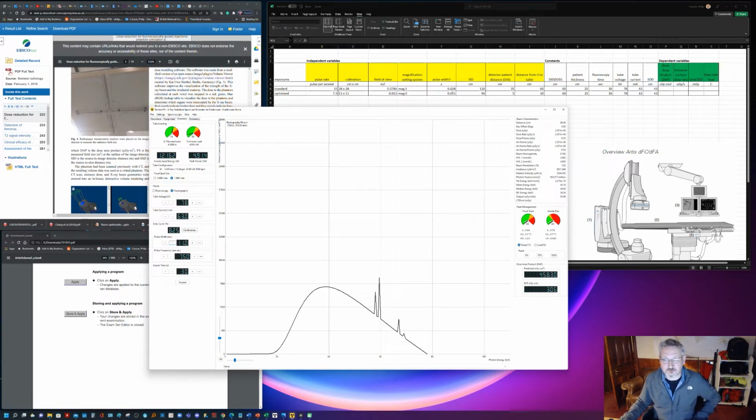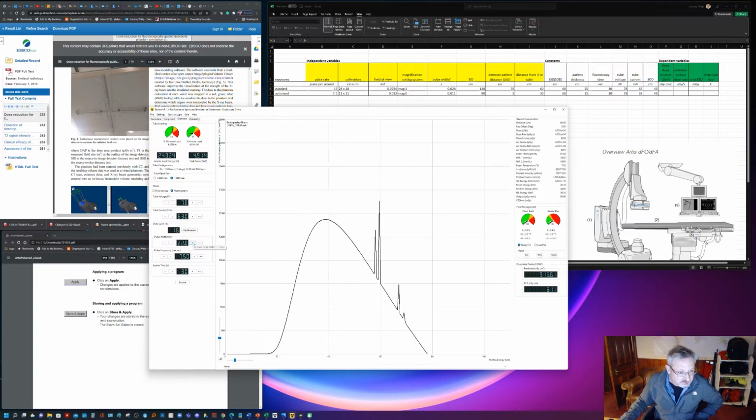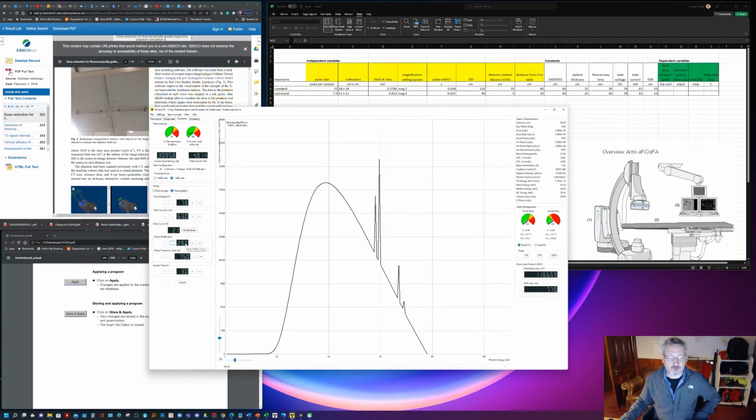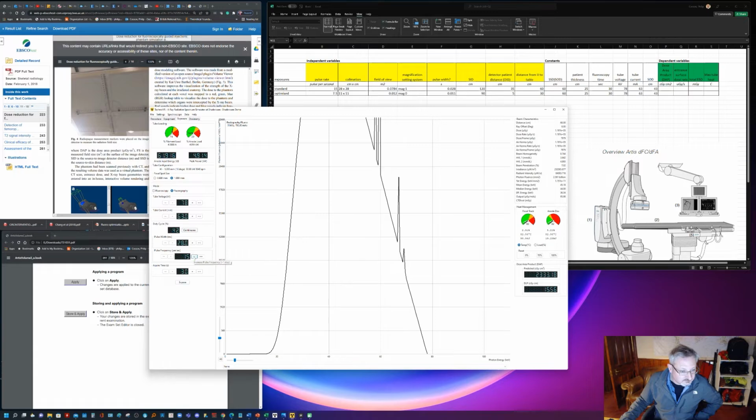So it wants a pulse width of 0.028 seconds, which is 28 milliseconds. So we need to increase this to 28 milliseconds. Okay, and it wants a pulse frequency of 15 pulses per second. So we're going to increase this to 15.